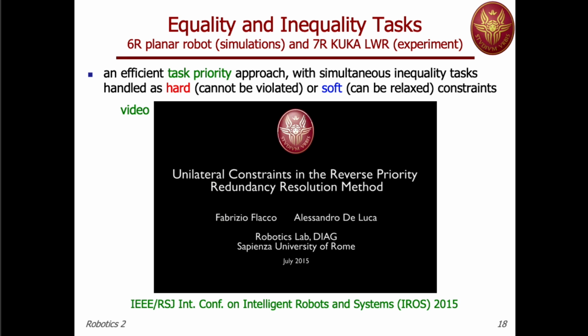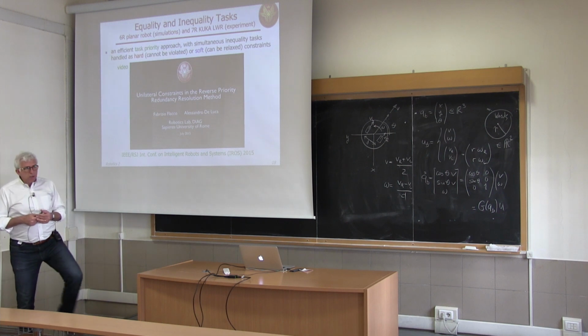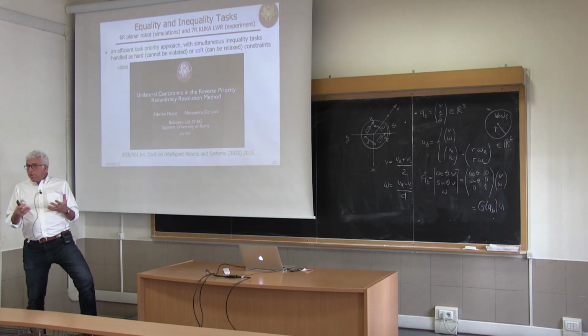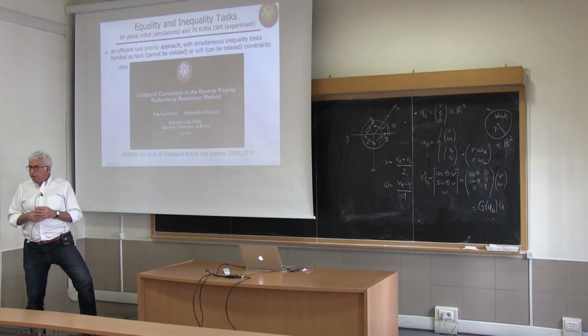We have 6 degrees of freedom, so we have a degree of redundancy 4, but we consider also some inequality constraint. And the inequality constraint, we'll see, will be on the position of one particular point in the serial chain of these 6 links. And we consider this inequality as being a hard inequality so that we cannot violate it, or a soft inequality, which can be handled as in the previous case.